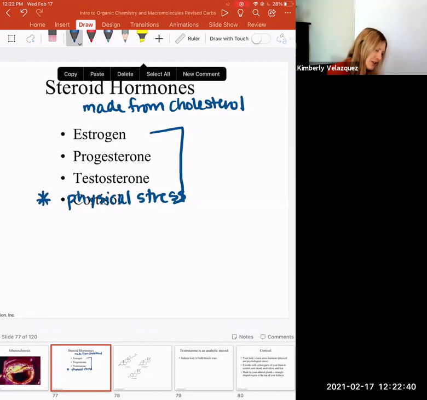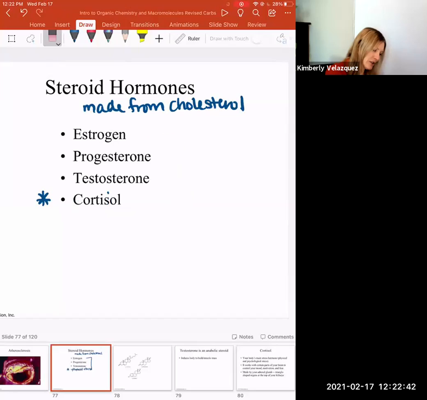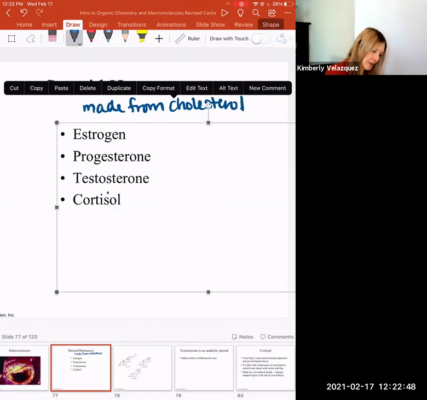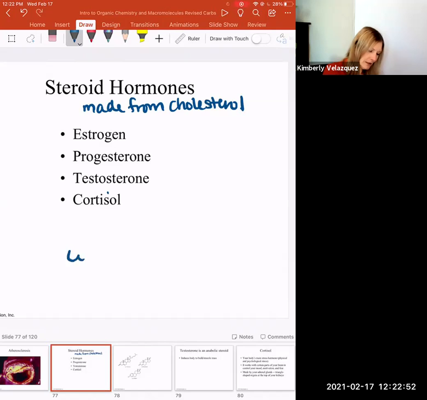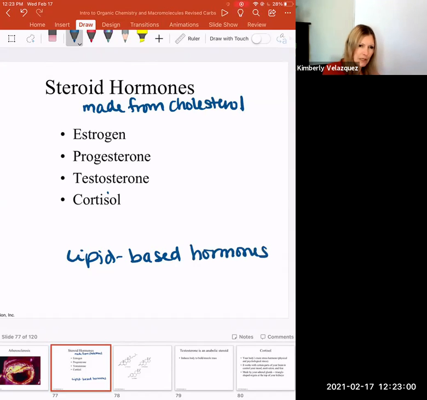I am so sorry. I am just like an old person trying to use technology here. Okay. These are all made from cholesterol. And so we would say that these are all lipid-based hormones, meaning they're made from lipids. Okay, because cholesterol is a lipid.